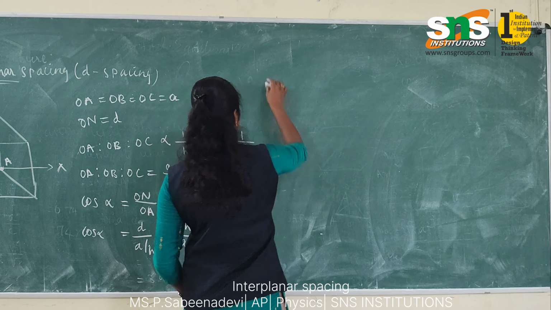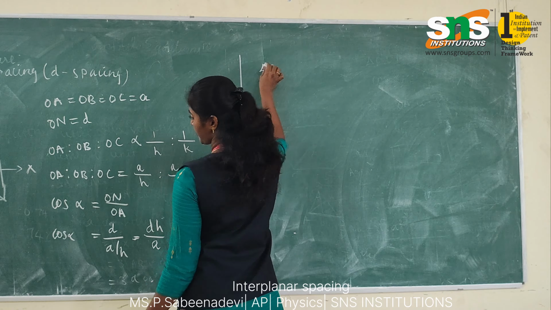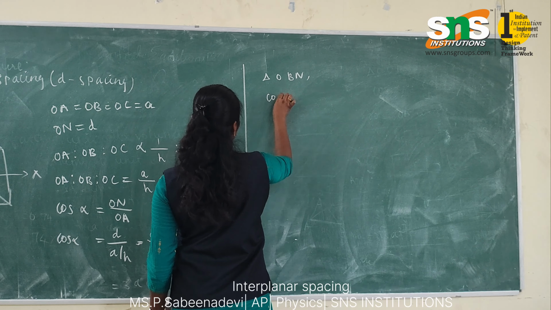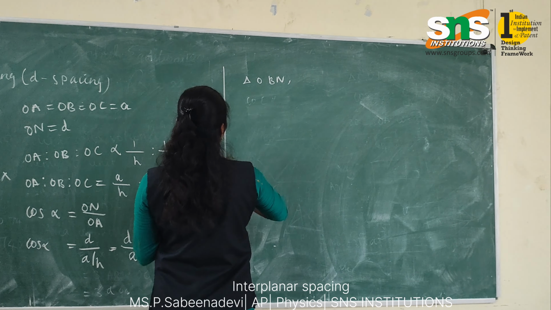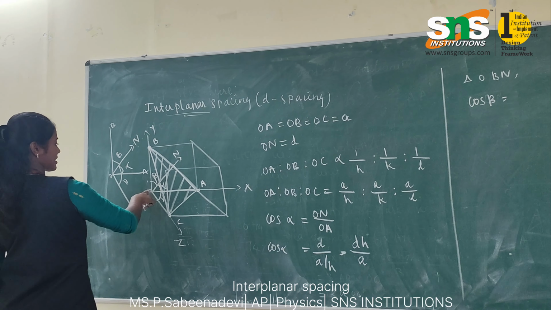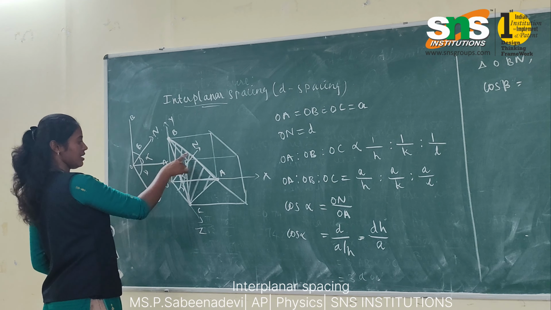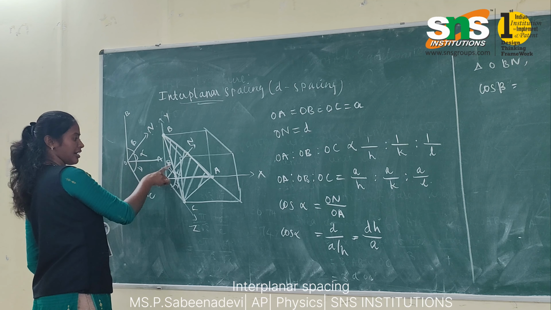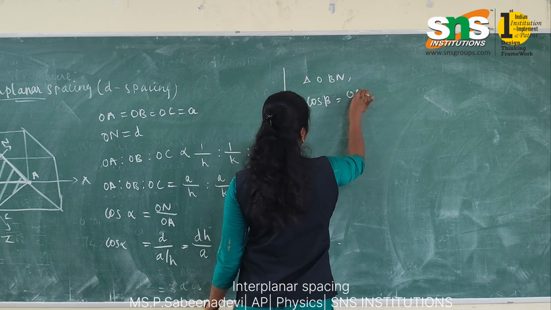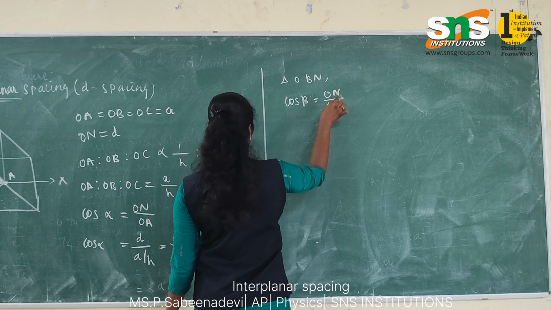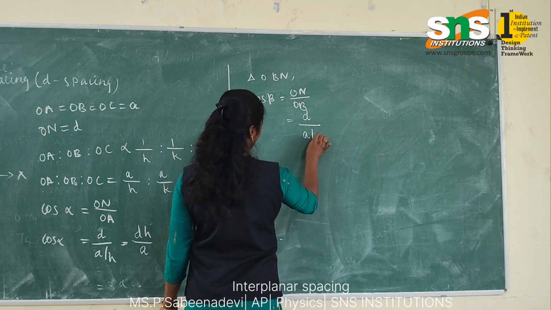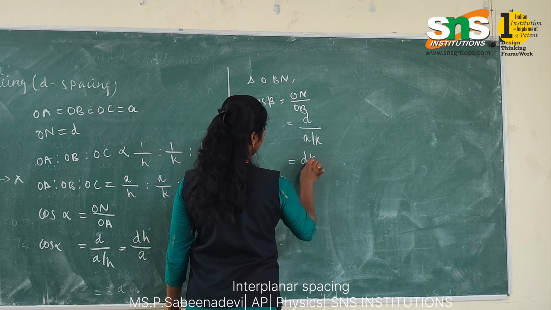Next let us consider triangle OBN, where the angle is beta. Cos beta is equal to ON by OB. Substituting ON as d and OB as a by k, we get dk by a.